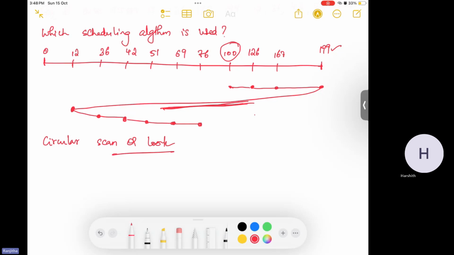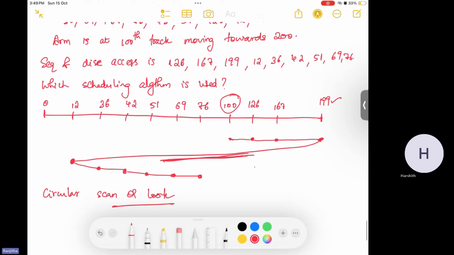Now how do we identify whether it is scan or look? From 199, we cannot identify because 199 is already there in the list. If it was look, it would have gone till 199. If it was scan, it would also go till 199.